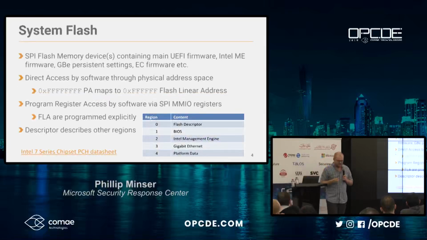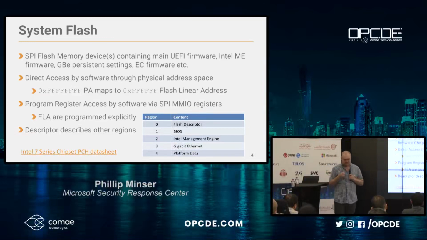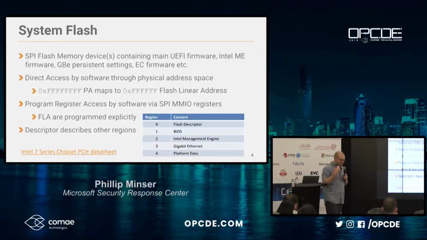The firmware lives in the SPI controller's special flash memory, which can be 8 or 16 megabytes. In this memory a bunch of things are stored, including the system firmware.